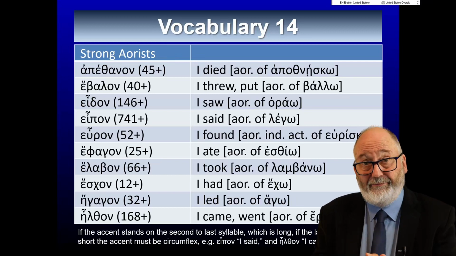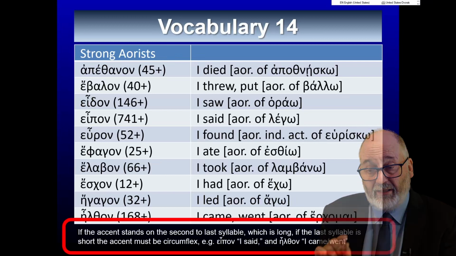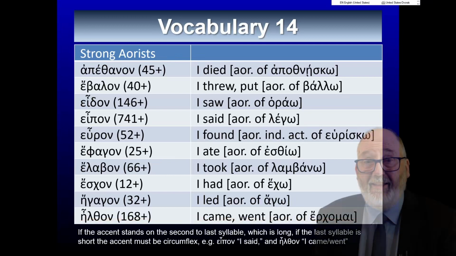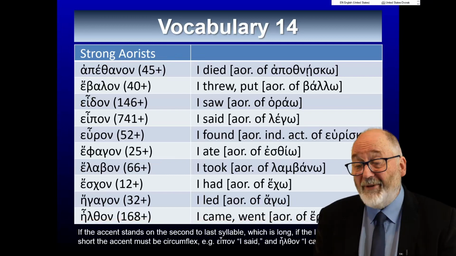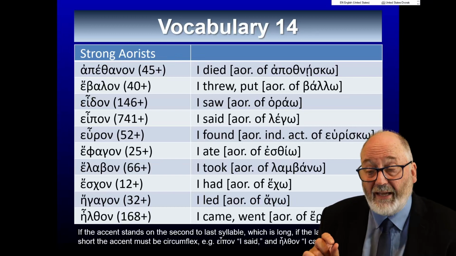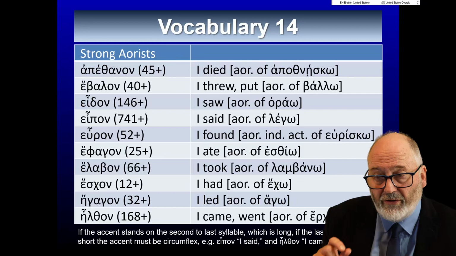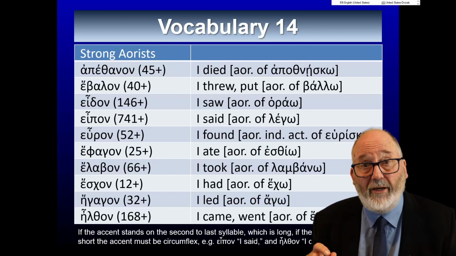We understand that. The second rule is if the accent stands on the second to last syllable, which is long, if the last syllable is short, the accent must be circumflex. Whoa, that's a mouthful, isn't it? But it explains why there's a circumflex accent on ipon and althon and huron and idon.